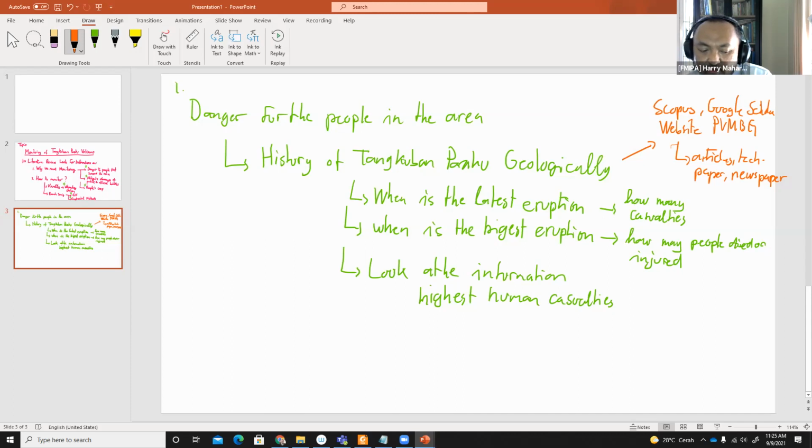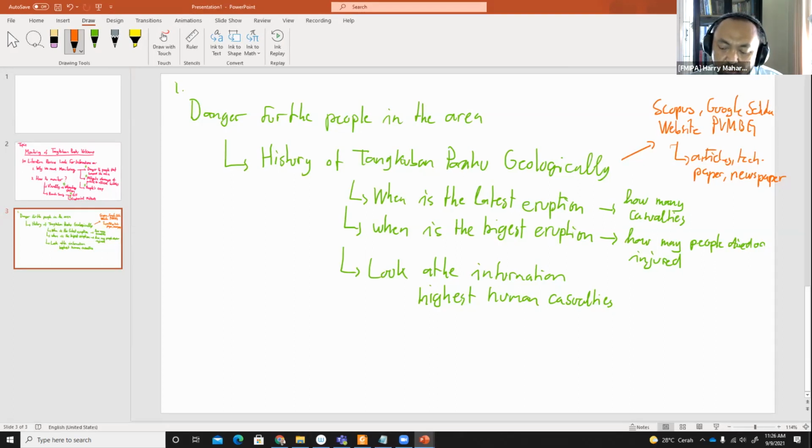If the newspapers were printed, for example, in the 70s, 60s, or 50s, and they don't have any digital copy yet, then we need to go to, for example, the municipal library, or the central library of LIPI, or probably the central library in the geological agency in Bandung, to look for information about this.